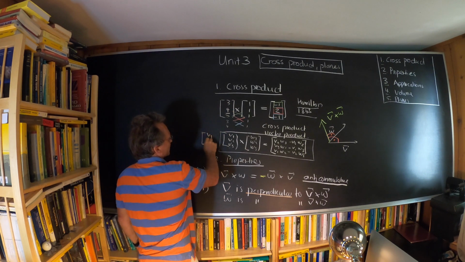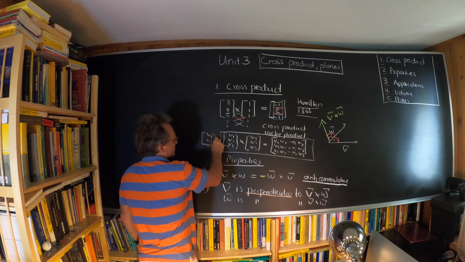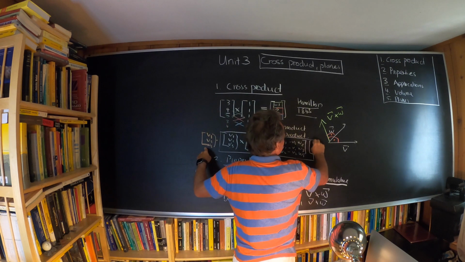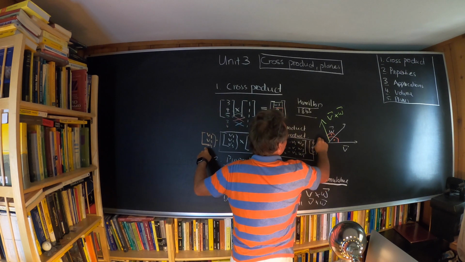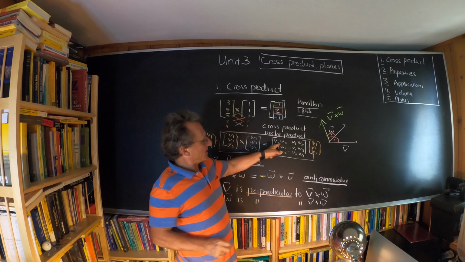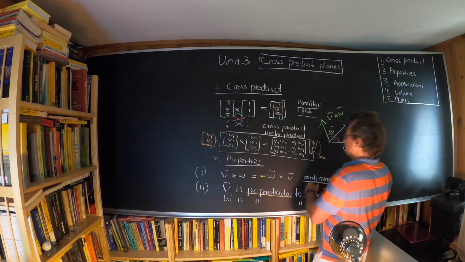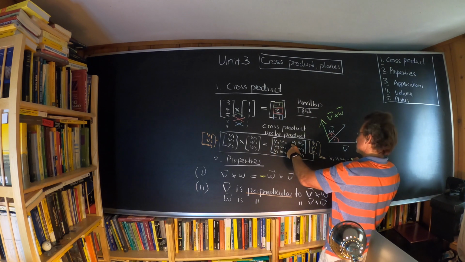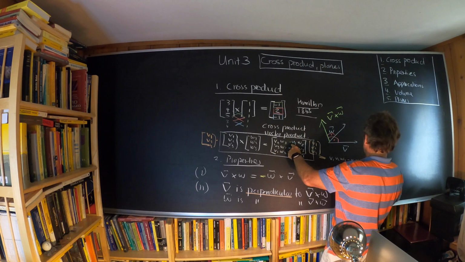What we have to show is that we take V1, V2, V3 and dot it with that. What do we get here? So we get this, that's V1, V2, V3. So what we get is, let's just write this all out. So this is V1, V2, W3 minus V1, V3, W2.